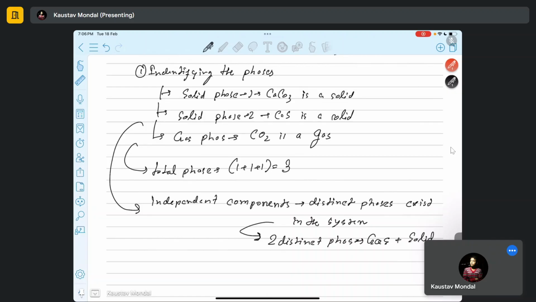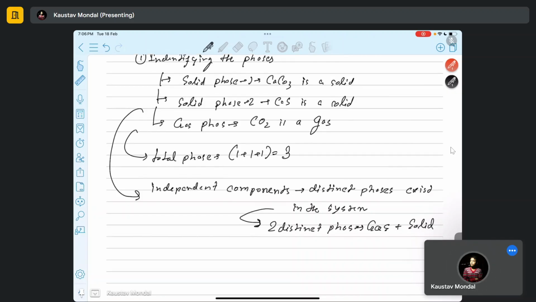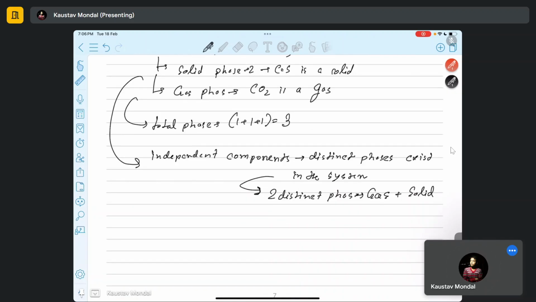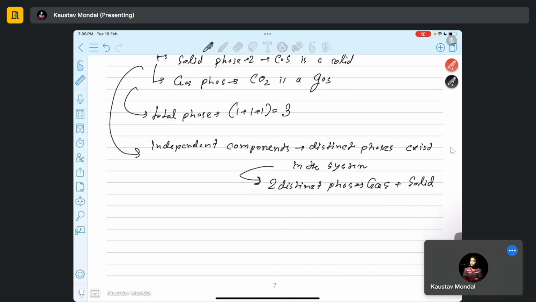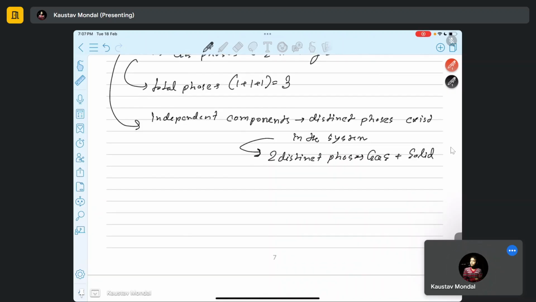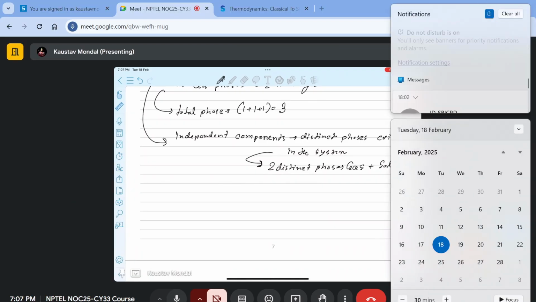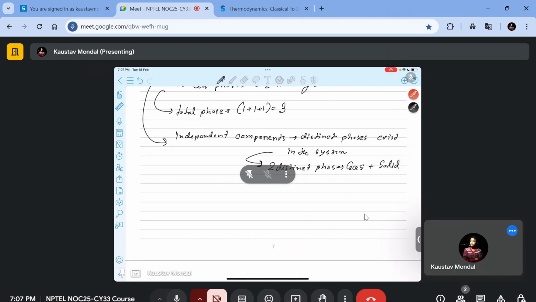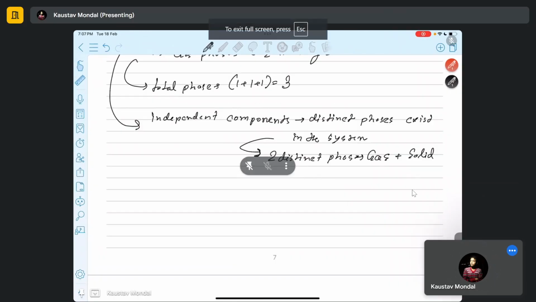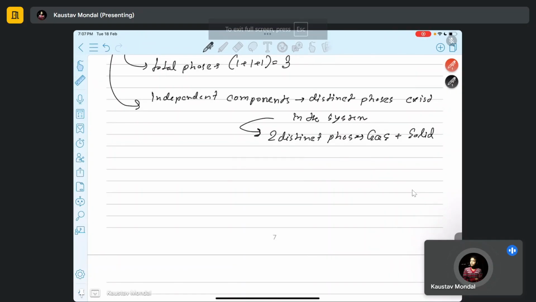So here are the 2 very distinct phases of gas and solid. So independent components C basically will be 1 plus 1, that is 2.